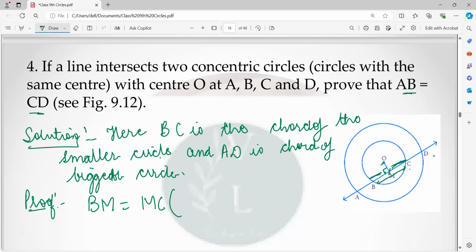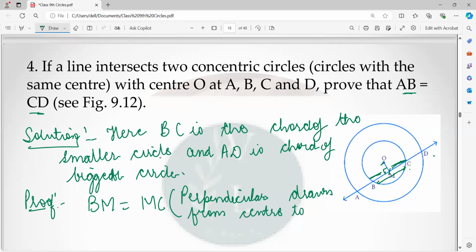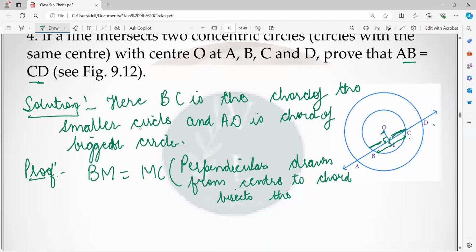So we'll write a reason: perpendicular drawn from the center to the chord bisects the chord. Right? This was for the smaller circle.